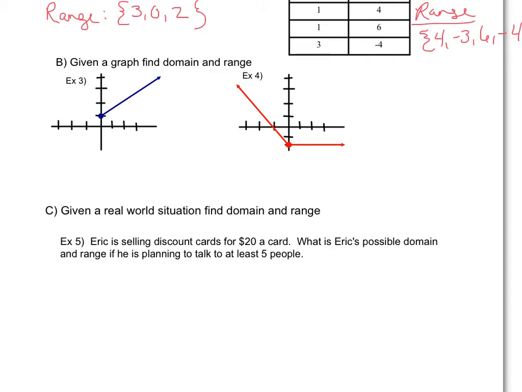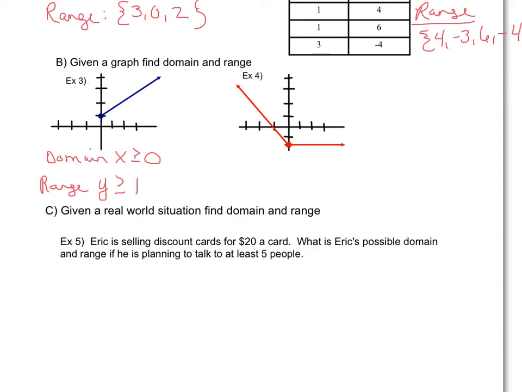So based on this graph, it looks as though my domain is any x values greater than or equal to 0. If I look at my graph to find my range, my possible y values, it looks to me as if my y values start on the y-axis at 1 and continue to get bigger and bigger and bigger, showing me that my range is all y values greater than or equal to 1.